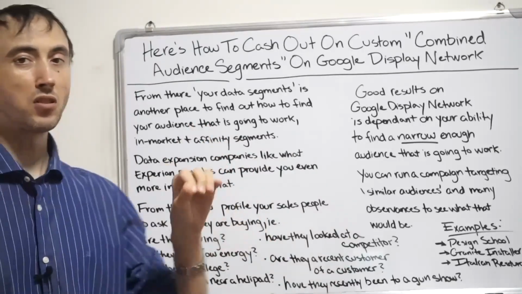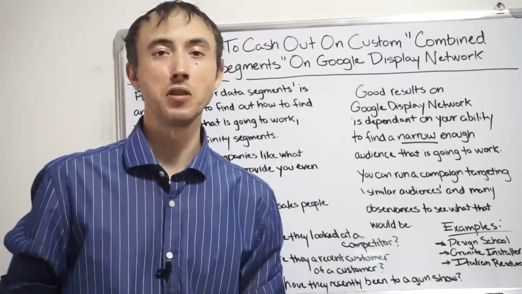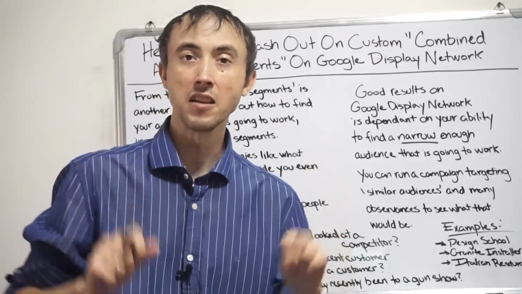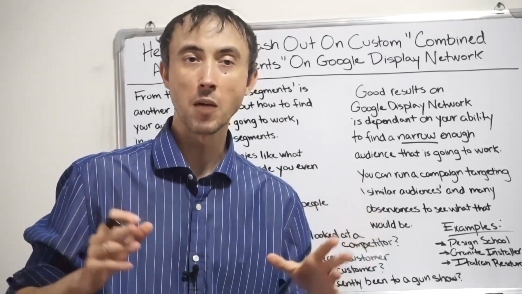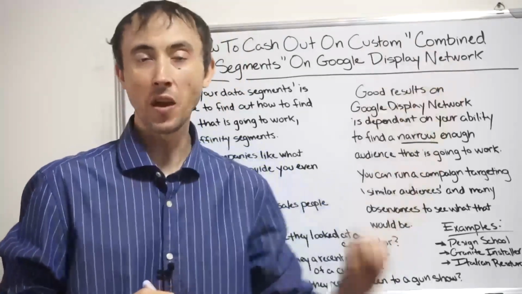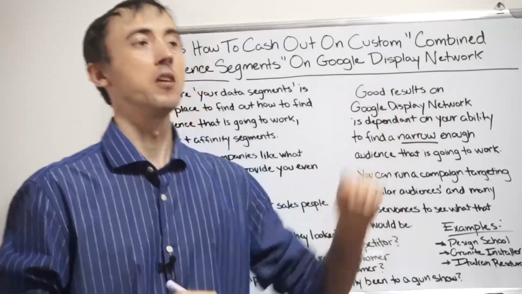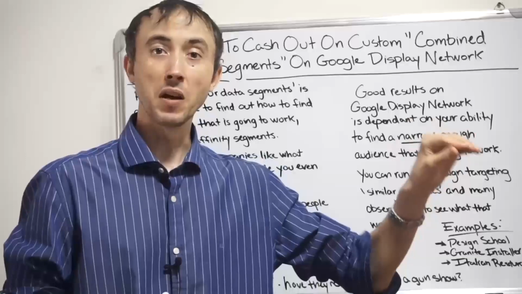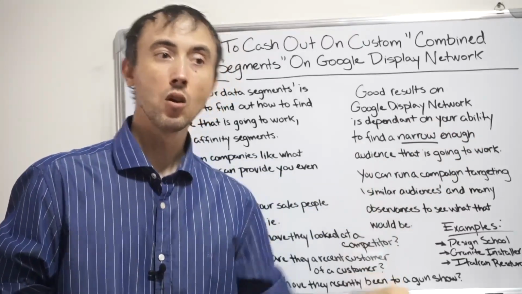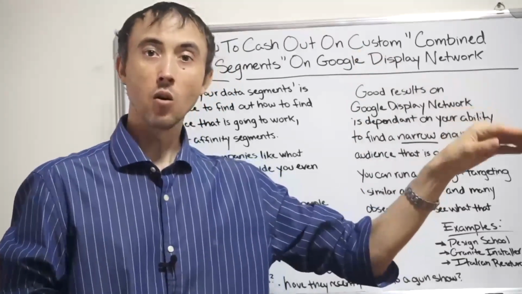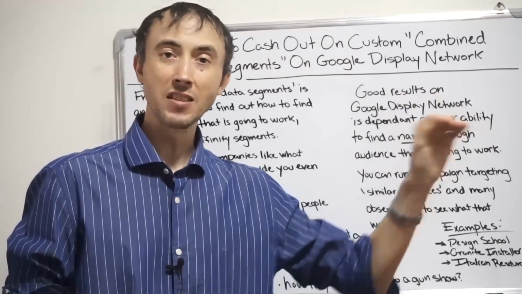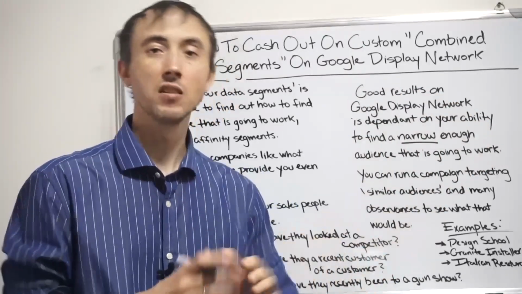Combined audience segments is just another targeting option, but in and of itself, being one targeting option, it can be multiple things added together: must be this and this, but also is not this, or this and this, or this and this.